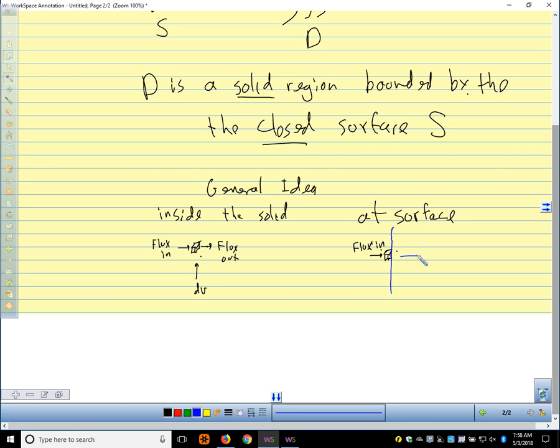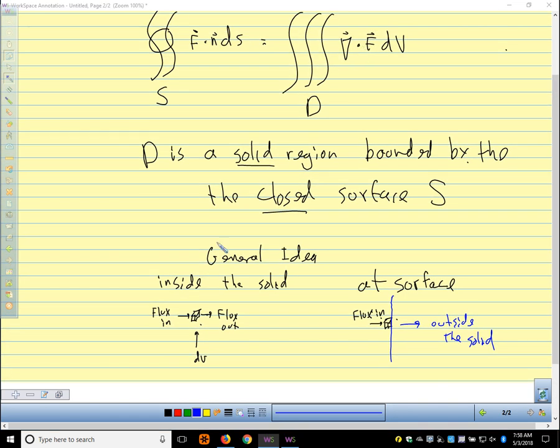Now it goes out, and it flows out the surface of the solid. So we're saying the divergence in the solid is equal to the surface integral of the normal component of F over the surface, because at the surface, whatever flows in ends up flowing out of the solid. So that's the very, very general idea of how we prove this.